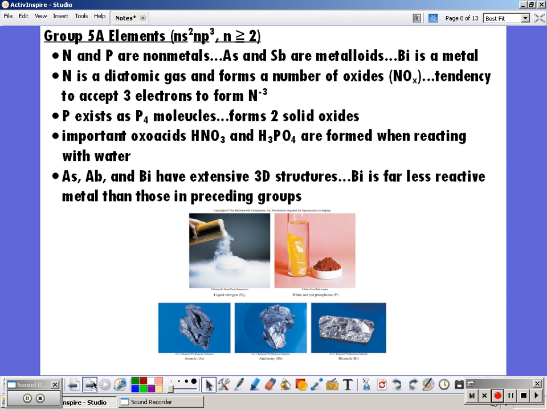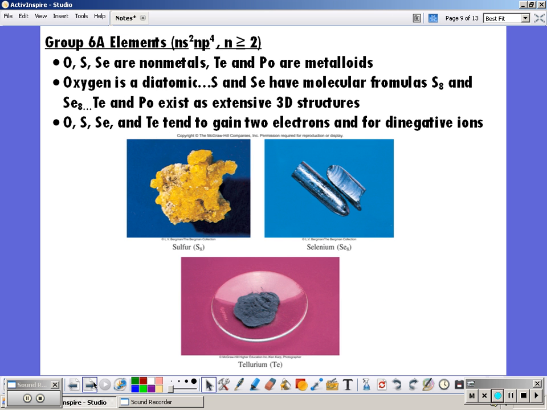Antimony and bismuth have extensive 3D structures. Bismuth is a far less reactive metal than those in the preceding groups. So again, as you're moving from left to right across that period, we're decreasing the reactivity of the metal, so bismuth is less reactive. Group 6A, you have oxygen, sulfur, and selenium, which are nonmetals.